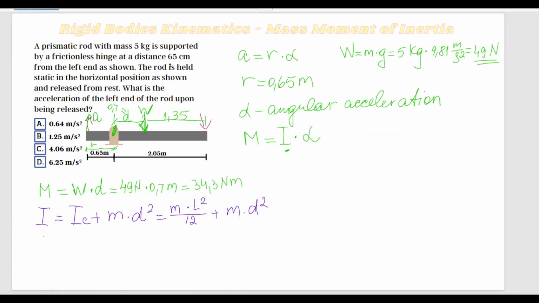I is equal to, now mass is 5, multiplied by 2.7 meters squared over 12, plus again 5 multiplied by D. D is the distance from the center of gravity of this rod to the hinge, so D is going to be 0.7 squared. Doing this calculation, you're going to get a mass moment of inertia equal to 5.49 kilograms times meters squared.